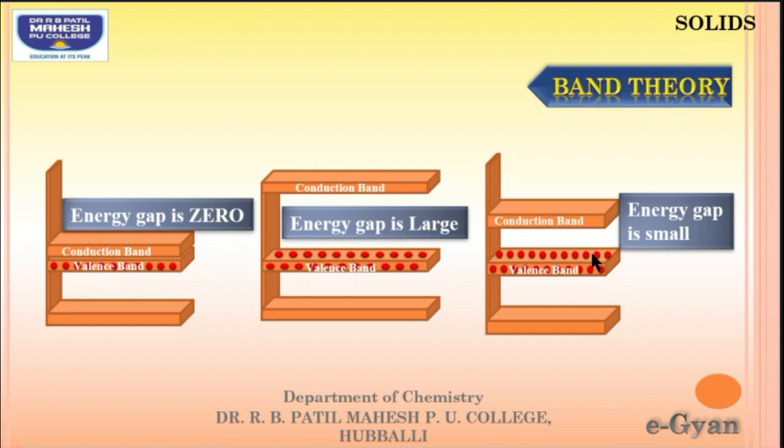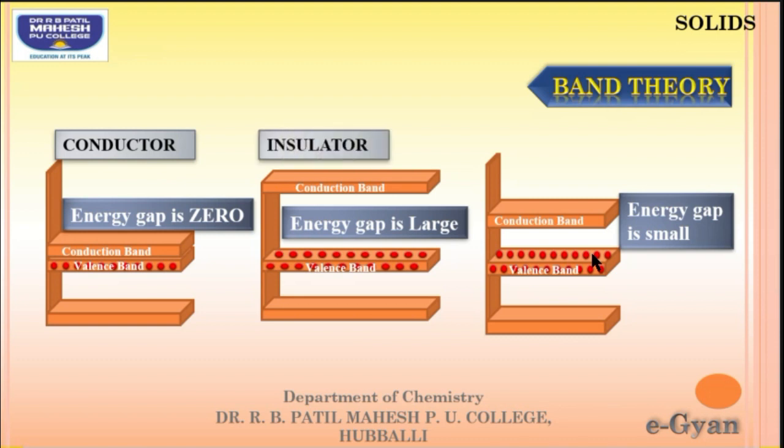Hence, electrons from the valence shell can easily go to the conduction band and conduct electricity and heat, and they are known as conductors. When the gap between the valence band and the conduction band is very high, the electron jump cannot take place. Hence, they cannot easily conduct electricity, and they are called insulators. The third type, which is in between the conductor and insulator, is known as semiconductors.